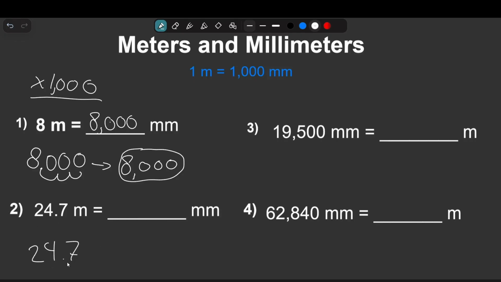In this case, we already have a decimal right here, so we can just move it to the right 3 times. 1, 2, and 3.